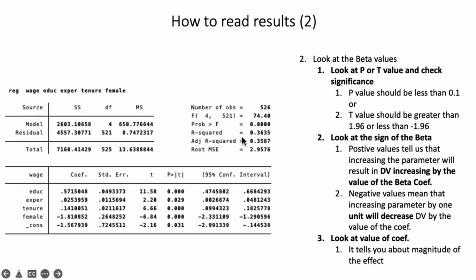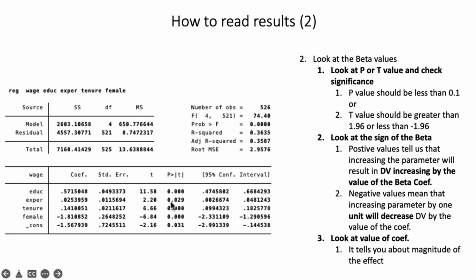The second step is to look at the beta values. Now, these are the coefficient beta values. When you look at the beta values, you have to look first at the p-values. Looking at the p-values or the t-values will tell you whether there is a significant impact of education on wages, experience on wages, tenure on wages, or gender on wages. If this value is greater than 0.1, more than 10%, then you cannot say anything about the effect of this independent variable on wages.